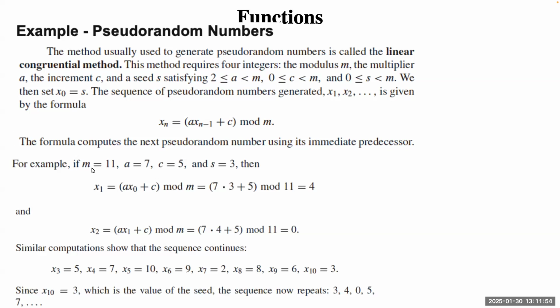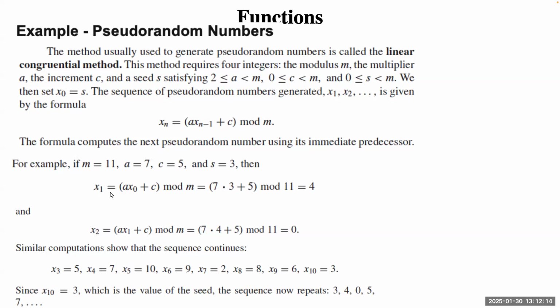So here's what we do. Remember, we take m to be 11, a to be 7. So our modulus is 11. Our multiplier is 7. Our increment is 5, and our seed is 3. So x1, whatever this n is here, this is the next one down.